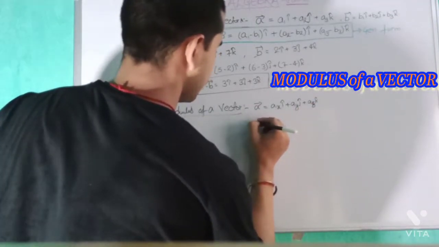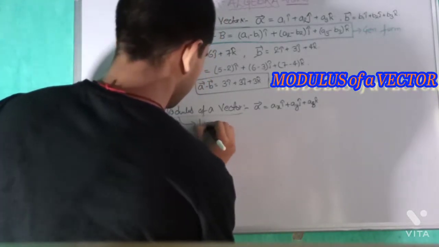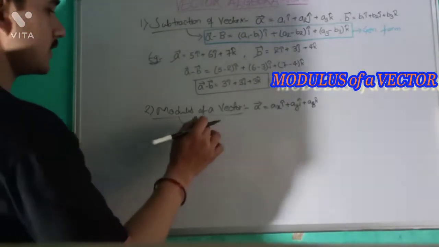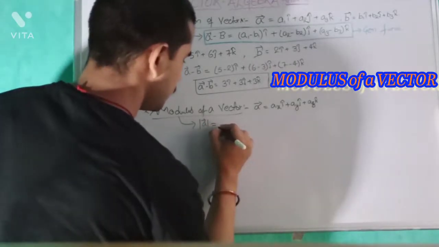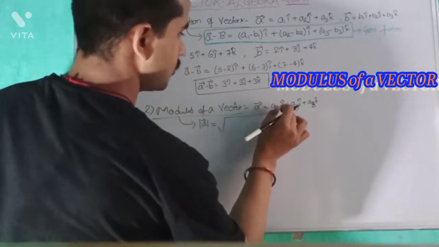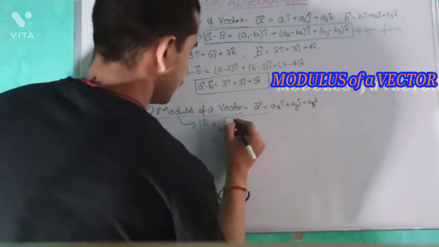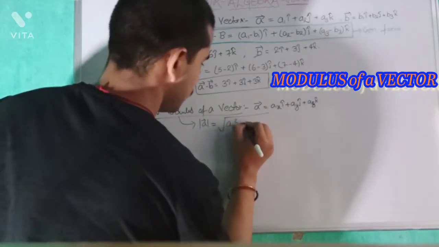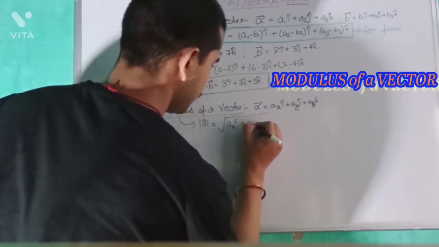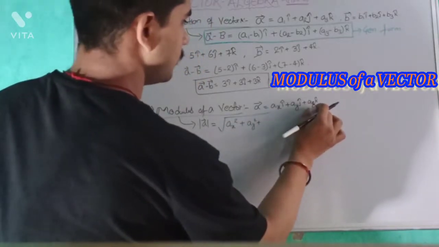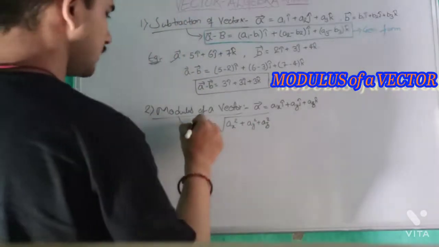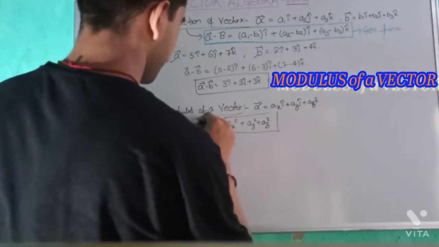First of all, its modulus will be denoted, like we write for normal, with the two bars on either side of vector a, and it will be found out by the procedure, that is under the root, the magnitude of the first component, that is ax whole square, plus the magnitude of the second component, that is ay whole square, plus the third component, that is az whole square. This will be the modulus of vector a.